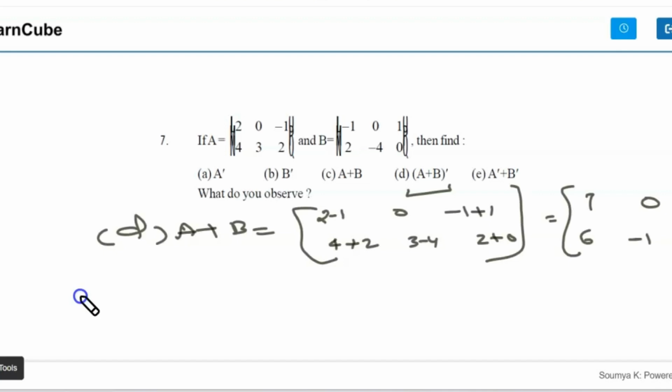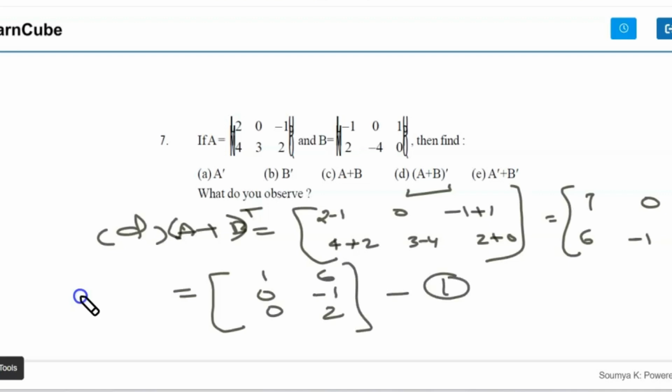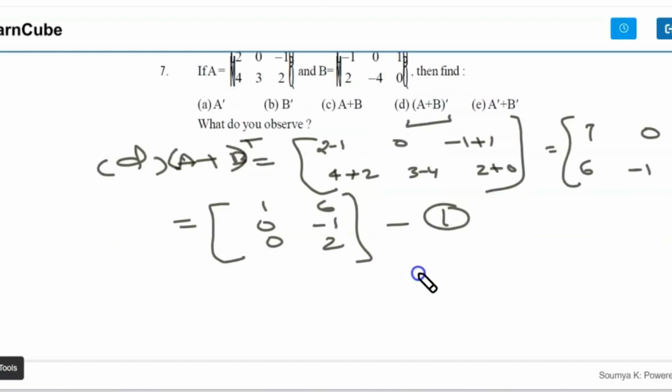So just transpose this matrix. That will give you the solution, with columns and rows interchanged here. Let's give it the number 1 just for identification. This is D, and then let's solve the E part, that is A transpose plus B transpose. First find its transpose, then go for addition.